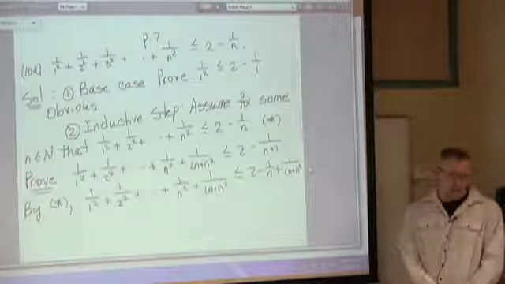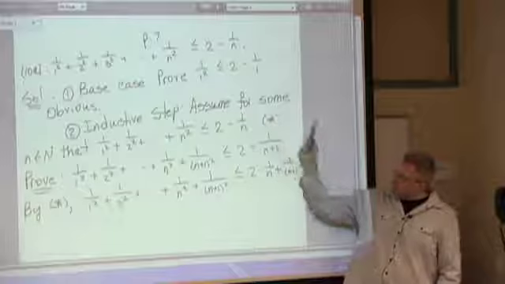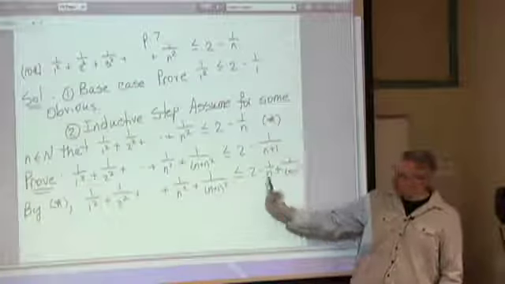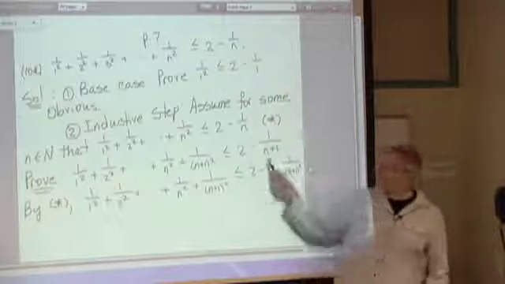I just took our inequality that we're starting with, and I added 1 over n plus 1 squared to both sides of it. That's how I got from here down to here.